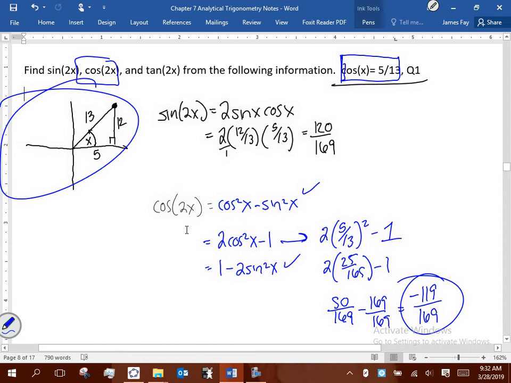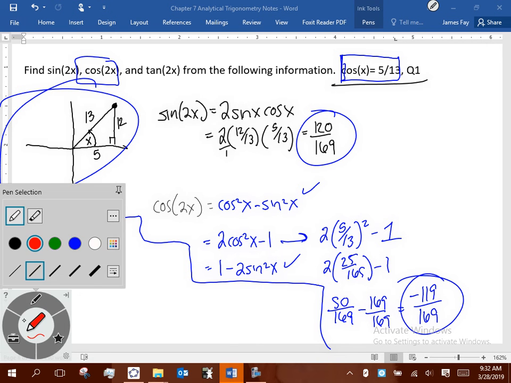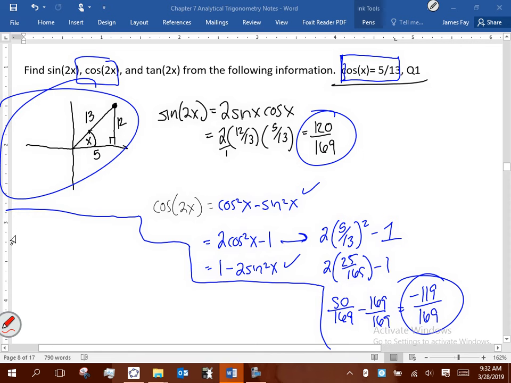The next task is to find the tangent of 2x. You've got options here. If I'm going to do tangent of 2x, you can use the formula. The formula is generated by taking tangent of x plus x using the tangent sum difference formula.